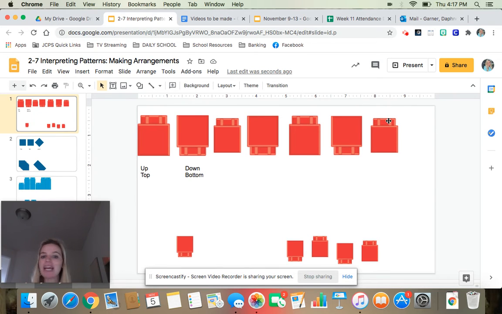Good. So we can't just say red, red, red, red, red, because that doesn't explain what the pattern is. We have to be specific about how we describe the pattern. So on this one, we could say up, down, or top, bottom. Good. So the part that repeats every time is top and then bottom.